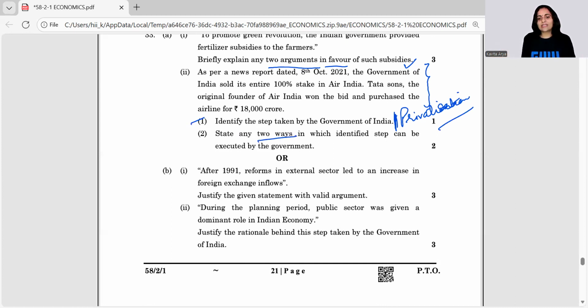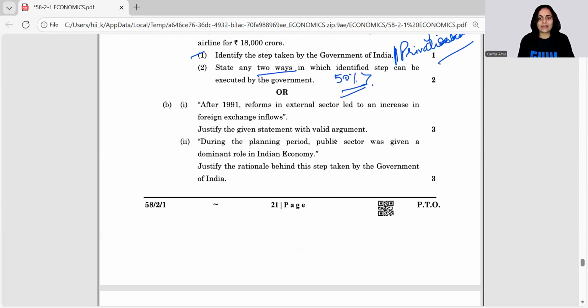State any two ways by which the identified step can be executed. Two ways are either you outrightly sell your organization, that is 100% sale, or you sell parts of it, right? You can sell a 30% stake, 40%, 50, 60, 70, whatever. You must note that if the sale is 50% or more, it's called strategic sale, strategic disinvestment also.